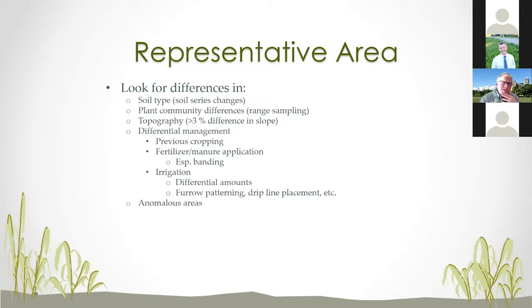The other thing we want to watch out for are anomalous areas. And what are we talking about there? We're talking about a lot of times you'll find that in a field for a temporary period of time, you may have a corral or a temporary pen that might have been set up. This happens a lot.